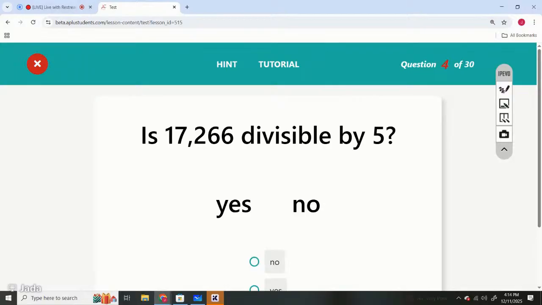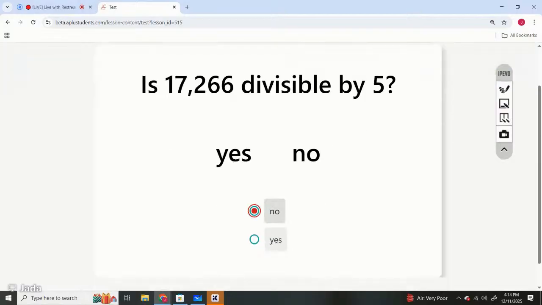No, the number is not divisible by 5 because the divisibility rule for 5 is the ones digit must be 5 or 0. But here the ones digit is 6. So no, that is not divisible by 5.